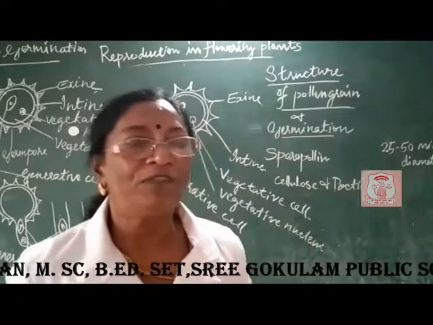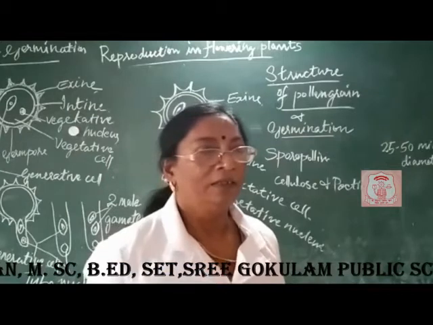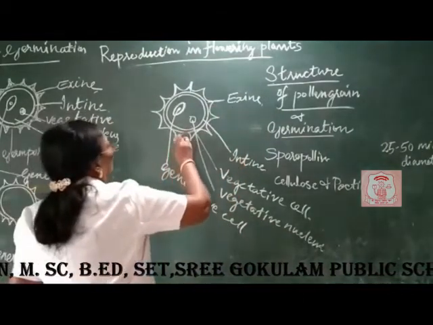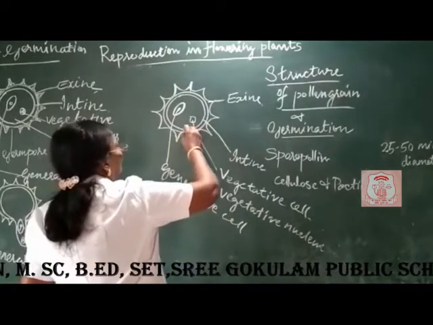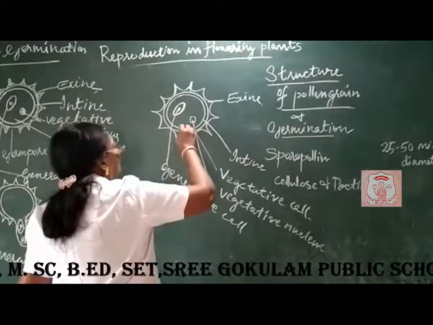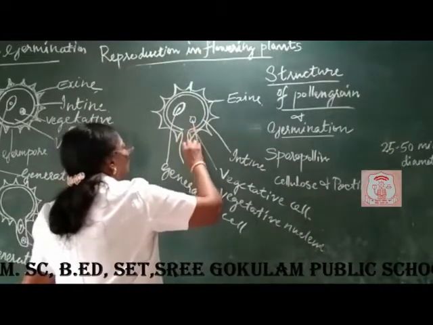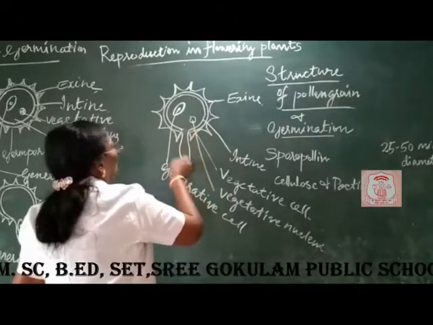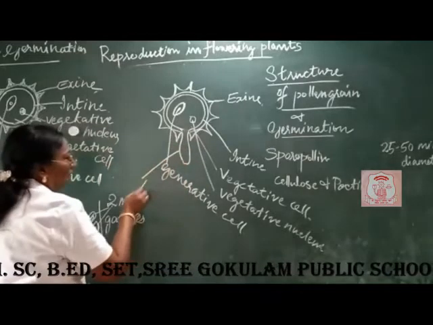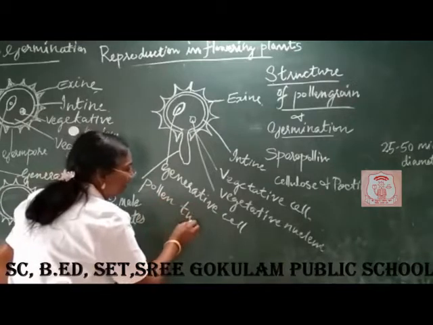At the time of germination of the pollen grain, the intine grows out through certain thin areas of the exine into a tube-like structure called the pollen tube.